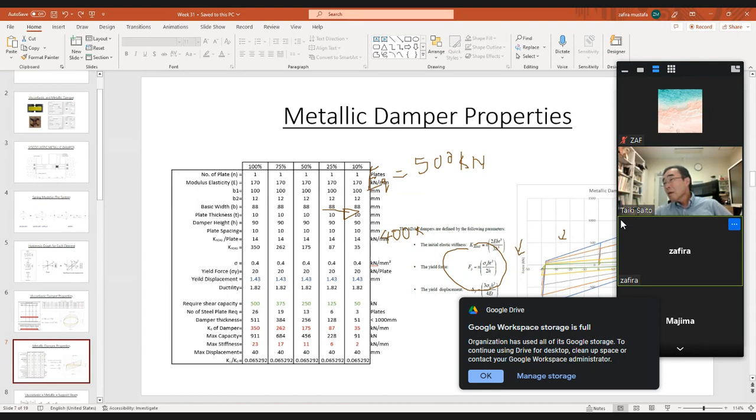For the metallic damper, the maximum capacity it can attain is about 800, about 900 kilonewtons. That is the maximum capacity. So we must make sure that the earthquake force is less than this one.